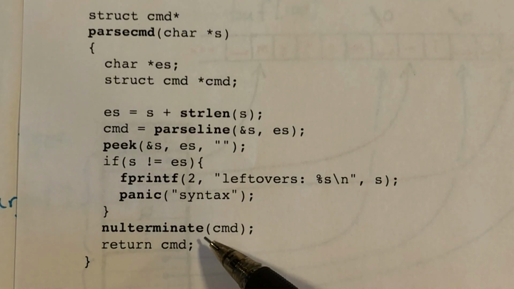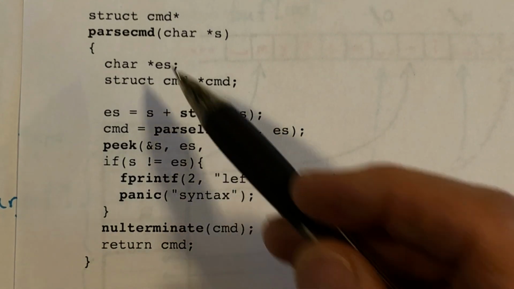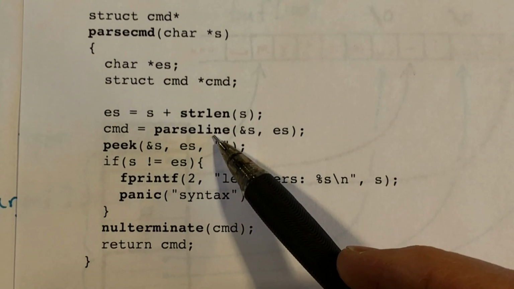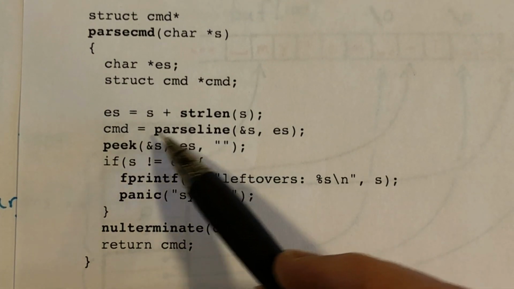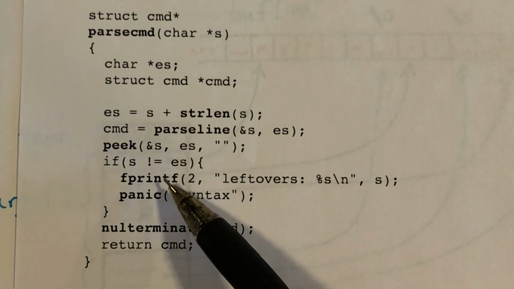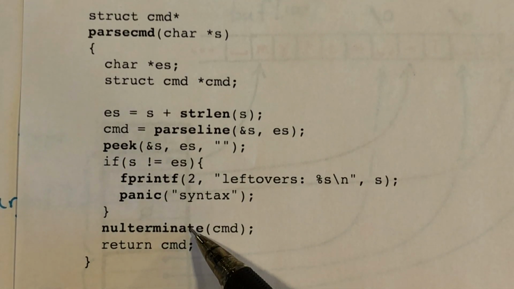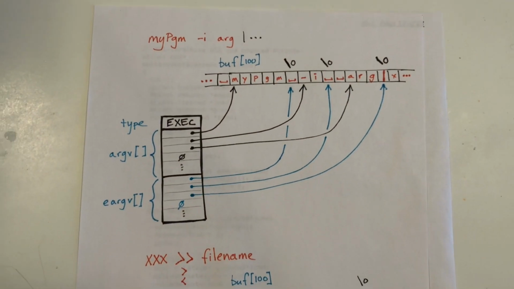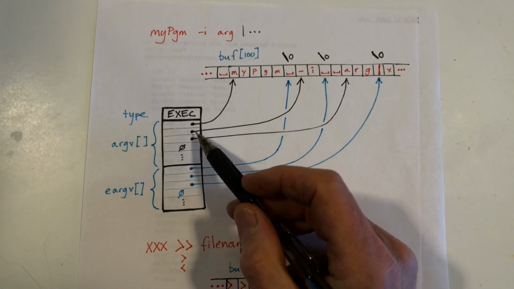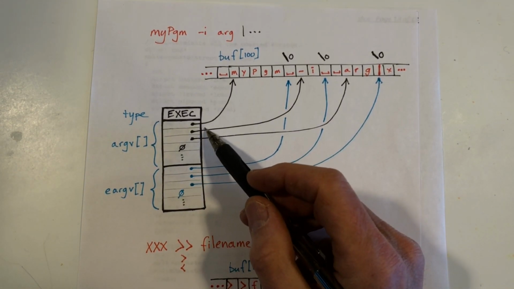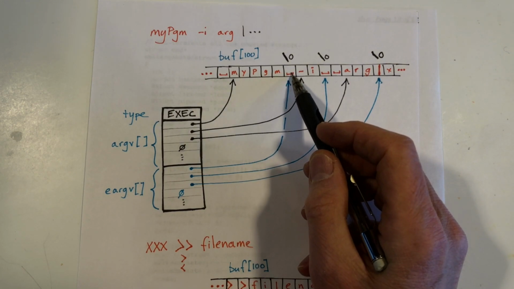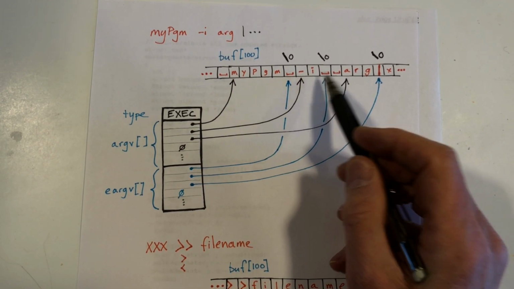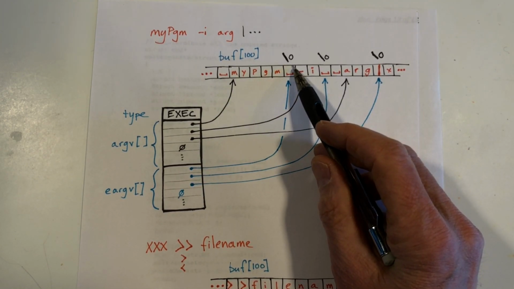Finally, we need to describe the null terminate function. Remember that in the overall function, which is parse command, we call Parseline, and that builds and returns a pointer to the tree. And then after that, we invoke this null terminate function. We need to go through the tree after it has been built and after we're done with the parsing, and we need to add or replace the byte directly after file names and command line options with the null byte.